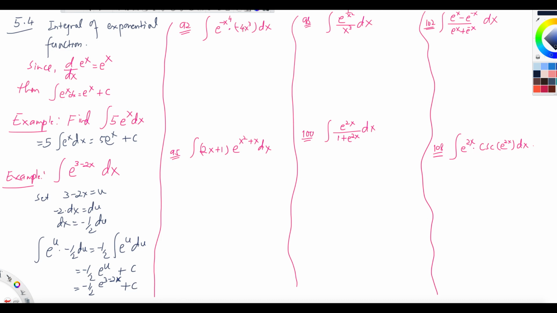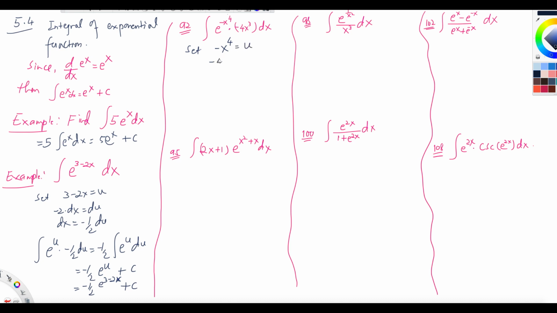Okay, the similar thing here. So you have e to the negative x to the 4 times negative 4x cubed dx. Again what I'm going to do is take that as u. So set negative x to the 4th equals u. What is the derivative?